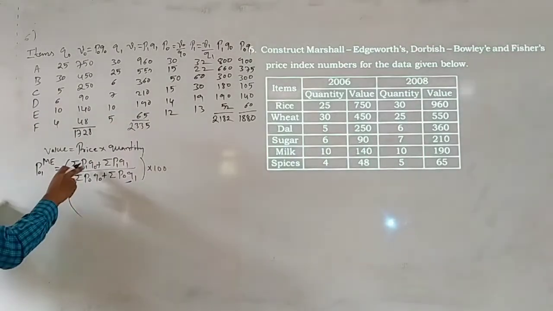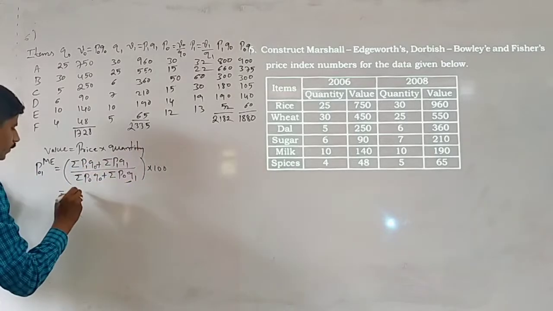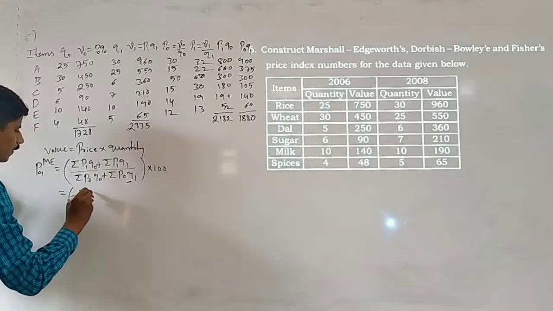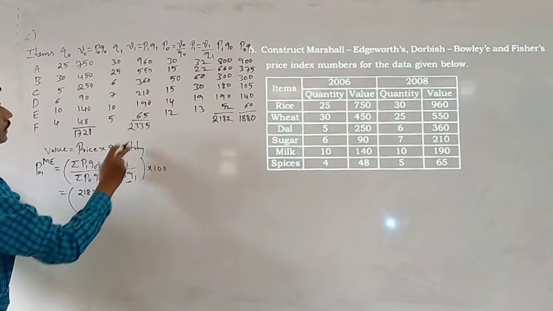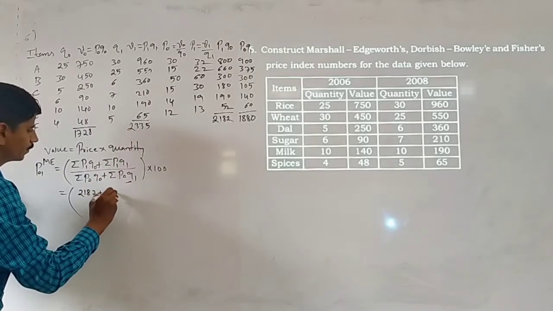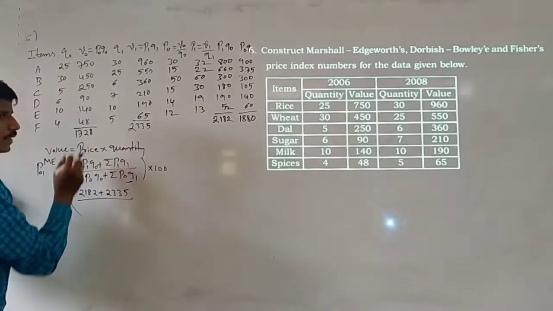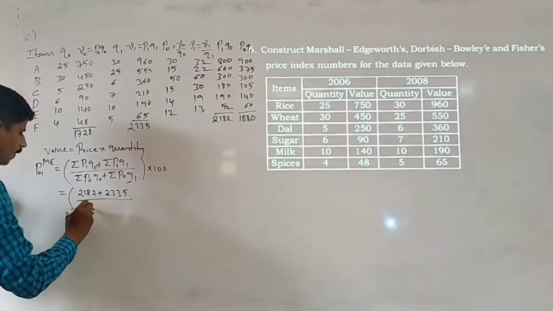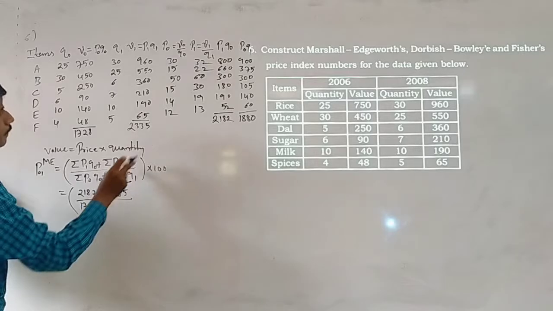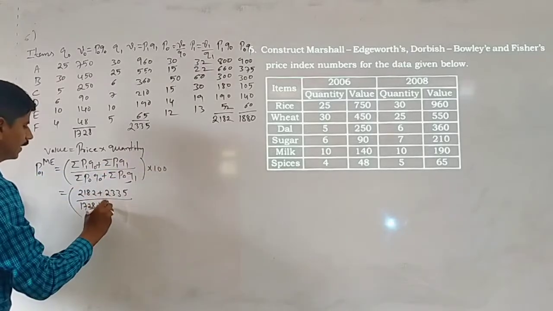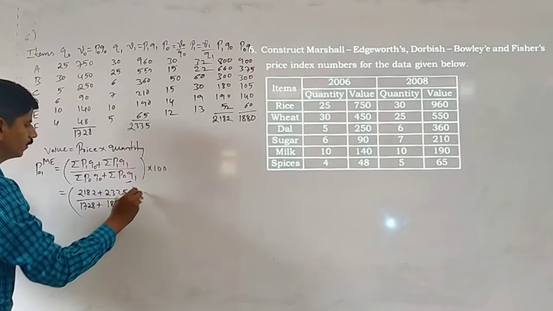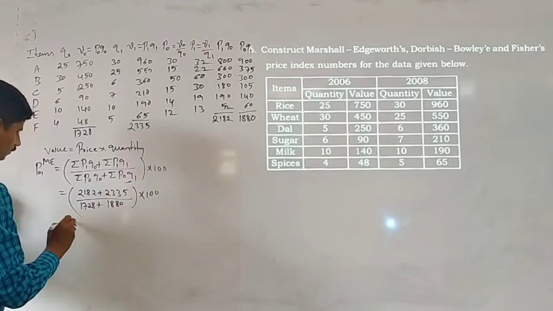Okay, sum of P1 Q0 is what? 2182 plus sum of P1 Q1, which is 2335, divided by sum of P0 Q0, which is 1728, plus sum of P0 Q1, which is 1880, into 100.